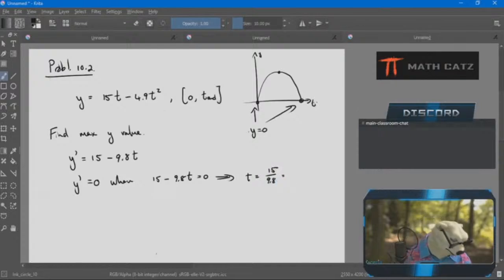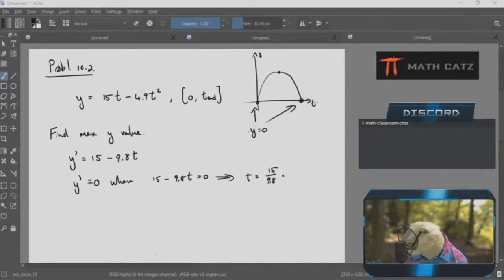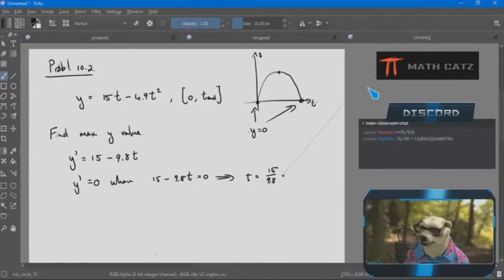Let's see if that gives me a nice number. I'm not interested in rounding this early. 15 divided by 9.8. No, of course not. It's going to be unpleasant. But it's a good example. 1.5306. When I present decimal numbers, I might write them down and round them.